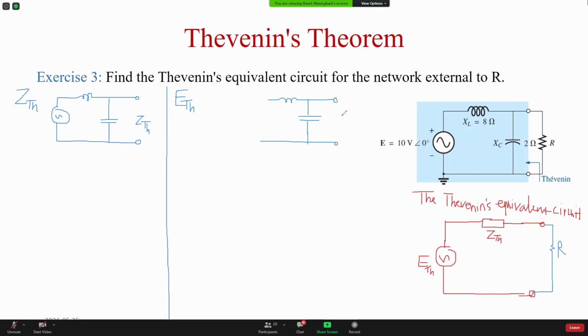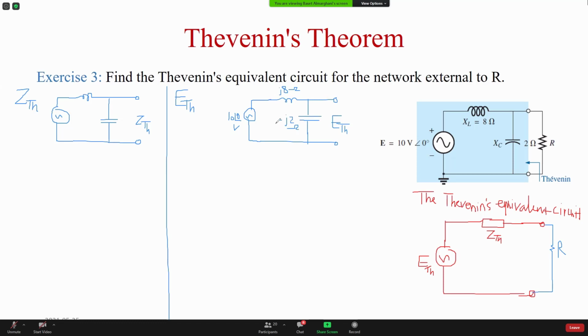I'm gonna find the voltage here, E Thevenin, and I have the source. It's an AC source, 10 angle 0 volt, J8 ohm, and here minus J2 ohm.